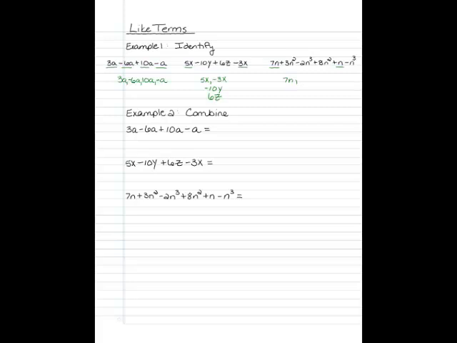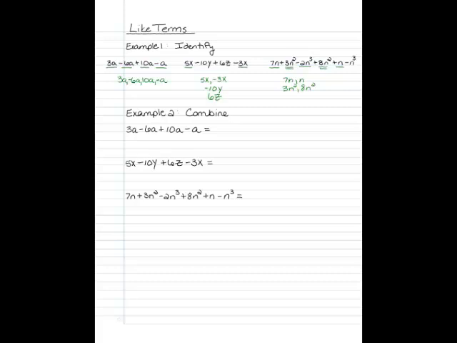Now the next one, 3n squared, we're looking through this expression to find another n squared term. And there's one right here. So these are also like terms, the 3n squared and the 8n squared.